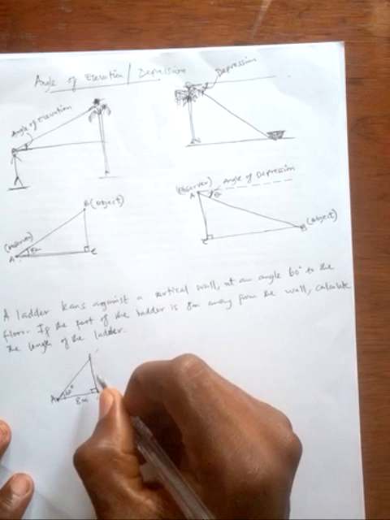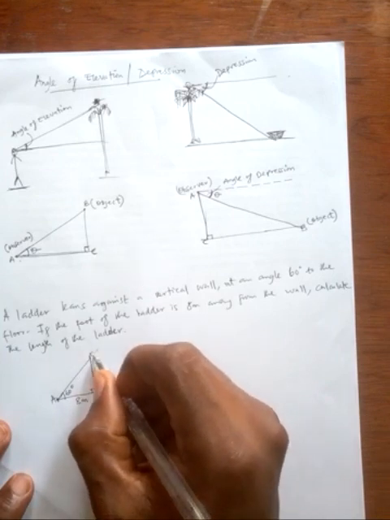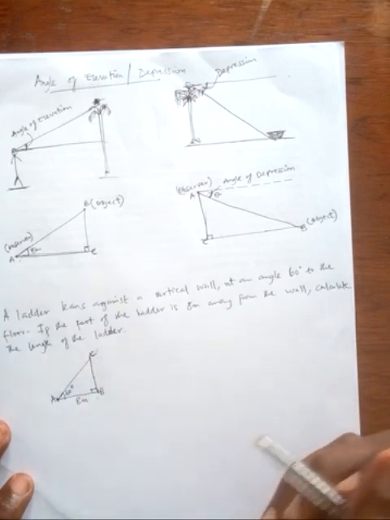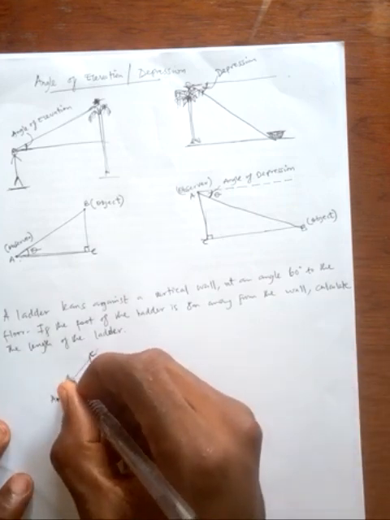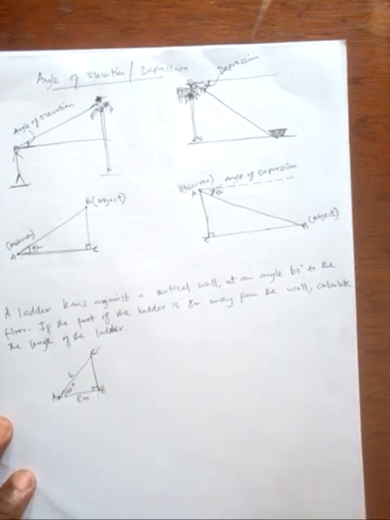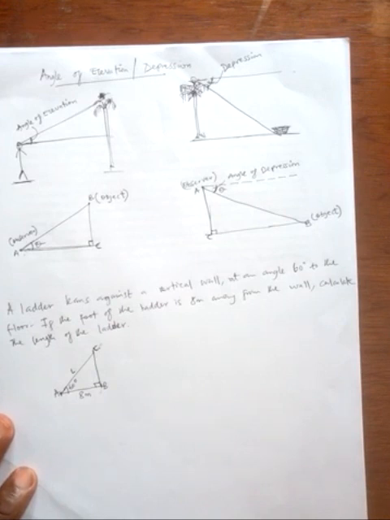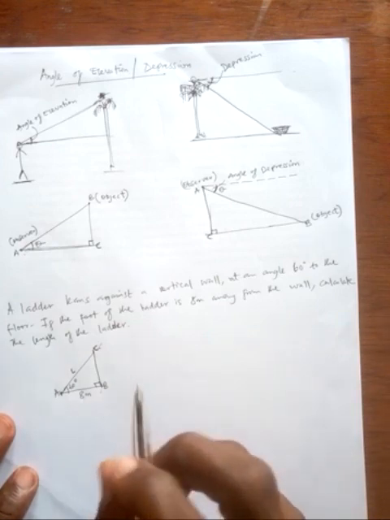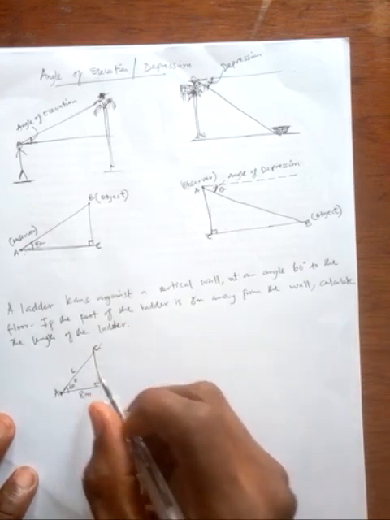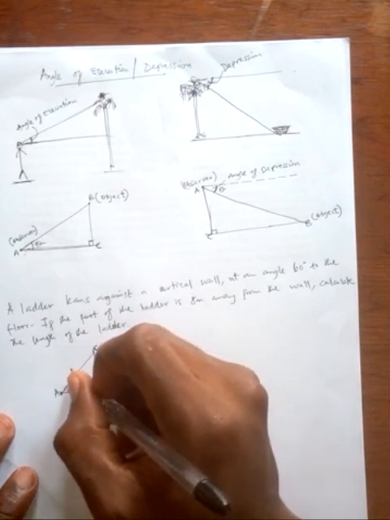Let's call this A, let's call this B, let's call this C. So the question says calculate the length of the ladder. Let's call the length of the ladder L. So what information do we have about this scenario? We have the adjacent side, we don't have the opposite side, and we are asked to find the hypotenuse.